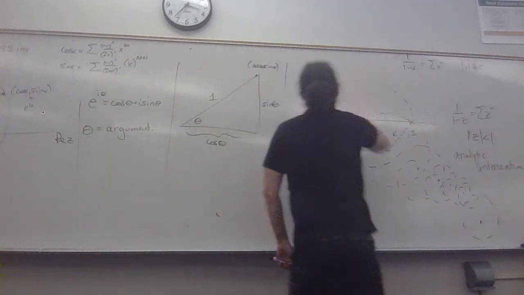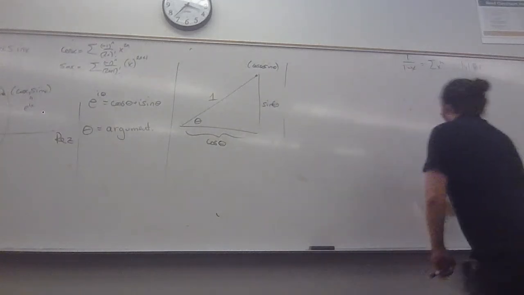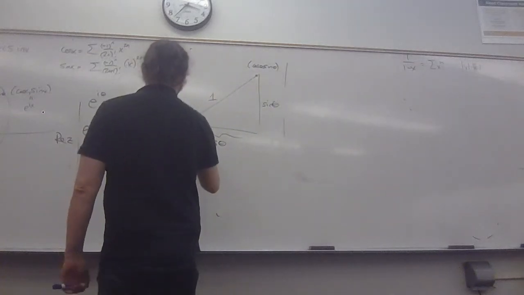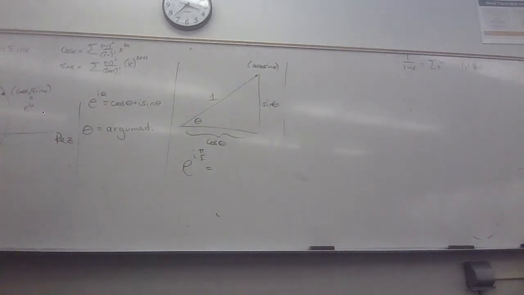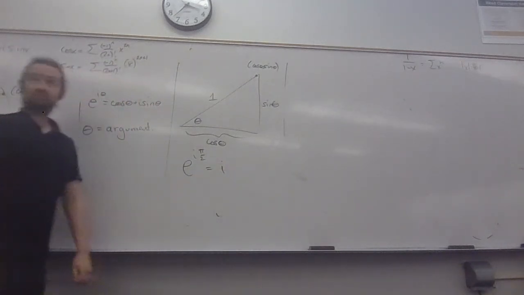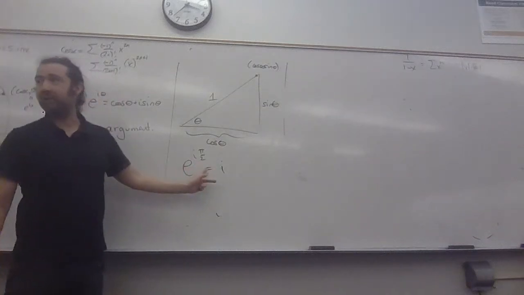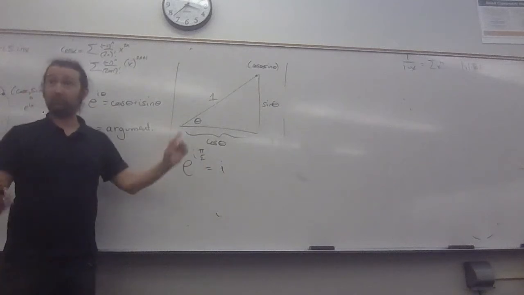So what if I have something? Okay. What's e to the i pi over 2? Because you guys all, of course, at this point in your lives, remember your unit circle. Pi over 2 has coordinates (0, 1) in R2, but in complex analysis land, that means 0 plus 1i.